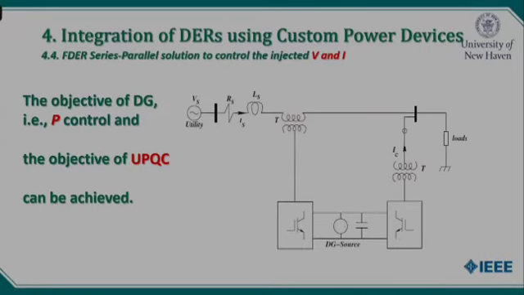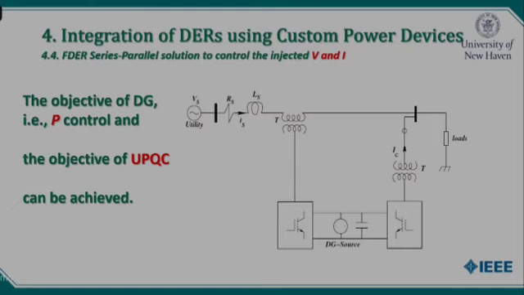In this slide, you can see the combination of these two solutions, known as FDER series parallel solution, to control, in this case, injected voltage and current. In the parallel solution, we have the possibility to control the current. In the series case, we have the possibility of controlling the voltage.